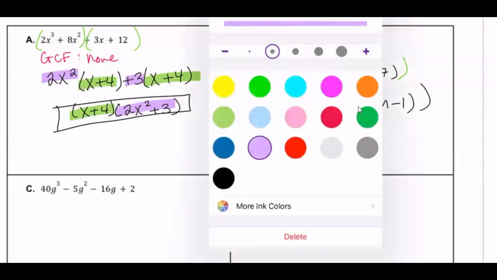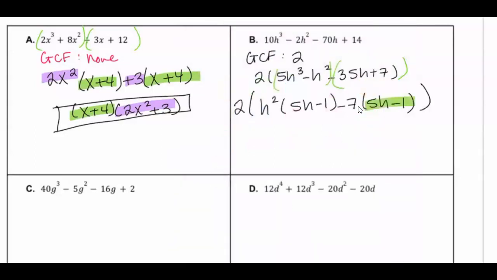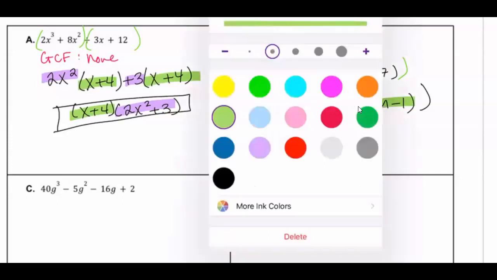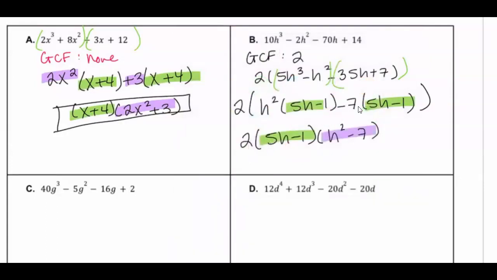And then you'll notice, hey, lucky us, our parentheses still match, 5h minus 1, 5h minus 1. So I'm going to keep my 2 from the outside, and then I'll have my 5h minus 1. And then my other parentheses, h squared minus 7, comes from what's left outside those parentheses.